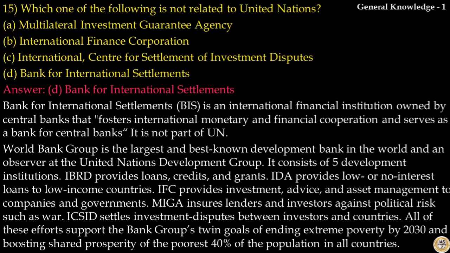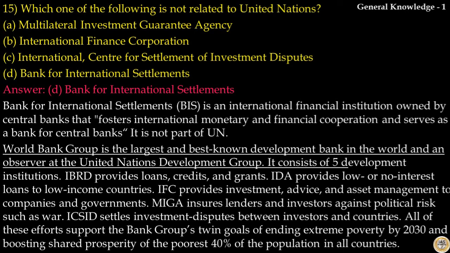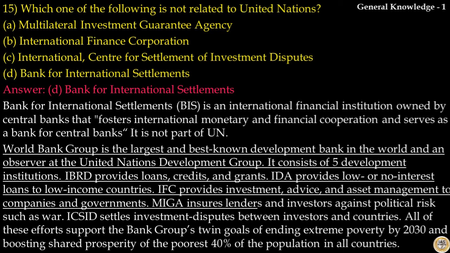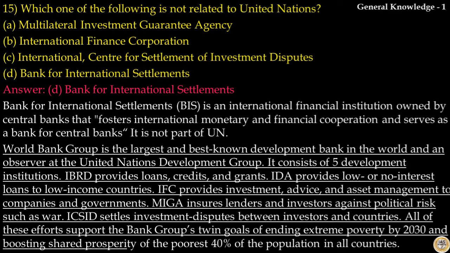Here options A, B, C are part of the World Bank Group. World Bank Group is the largest and best known developmental bank in the world and an observer at the United Nations Development Group. It consists of 5 developmental institutions. That is, IBRD provides loans, credits and grants. IDA provides low or no interest loans to low income countries. IFC provides investment, advice and asset management to companies and governments.